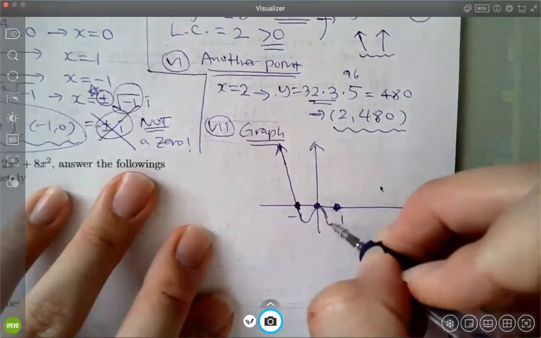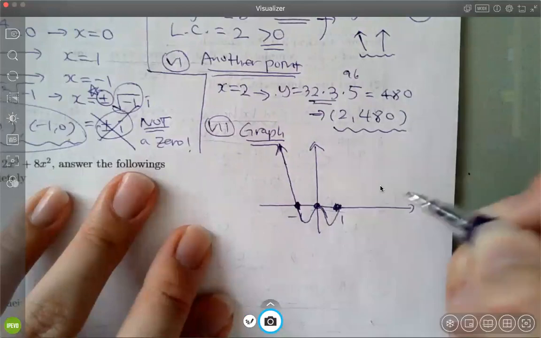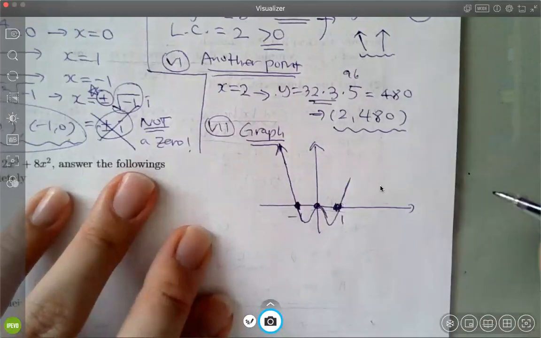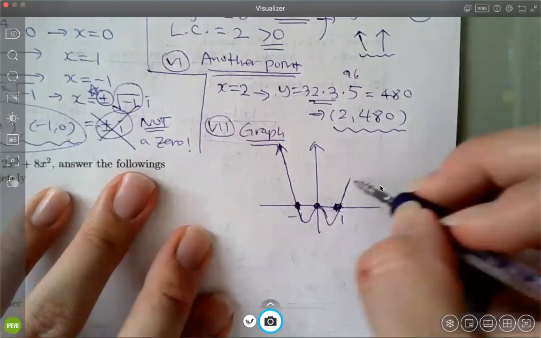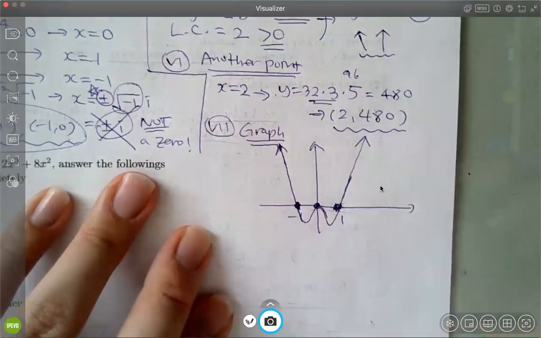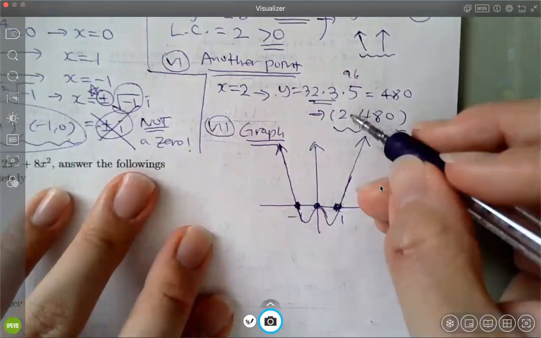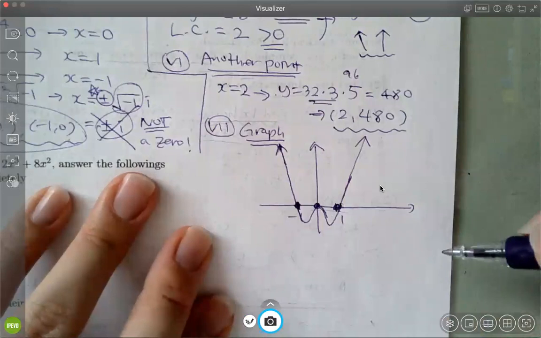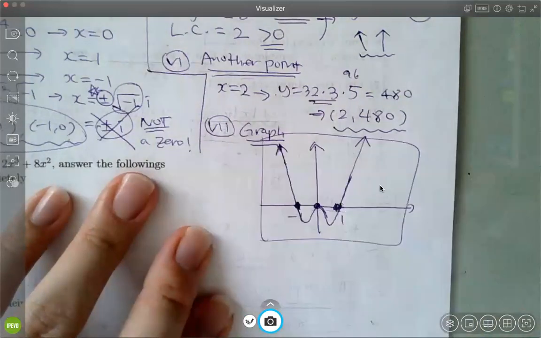The graph changes direction and goes like this, and then keeps increasing. So there's 2,480, way up there. Not to scale, but that's the rough graph. The W shape is the rough graph for this case.